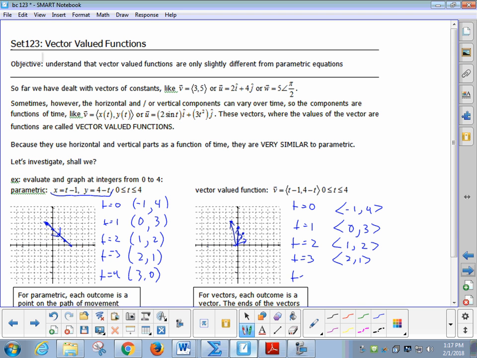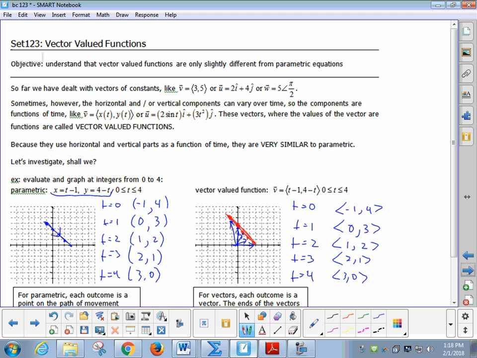And at time equal 4, vector 3, 0. Horizontally 3, vertically none. Here. Well then, you can see if you were to take the tips of each of these vectors, or the heads, they would still describe that same path, so there is similarity, but they're all vectors instead of points.